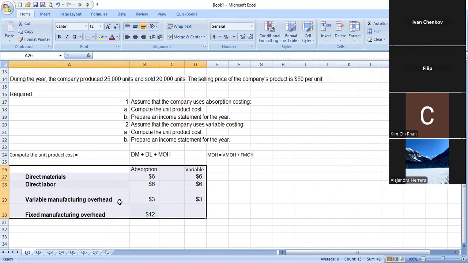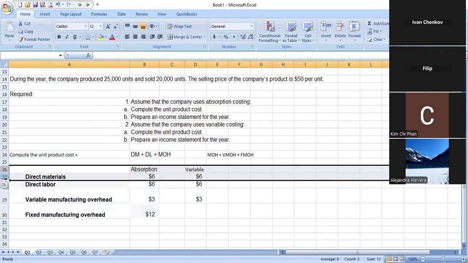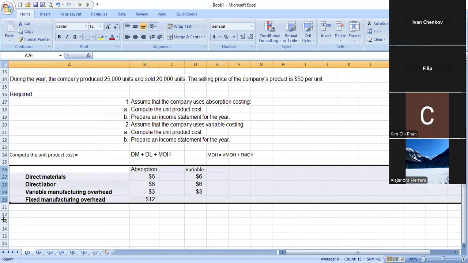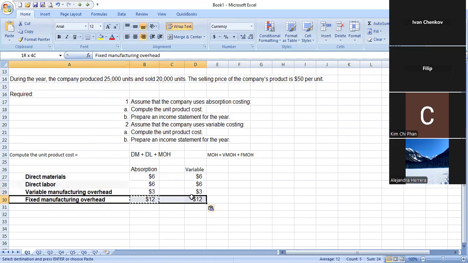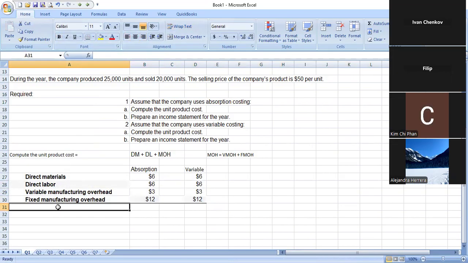But we're just chasing the product cost at this point, right? We're chasing only the product cost. What's the difference in the product cost between one and the other? The fixed one goes down the more product that you have. So the unit product cost.